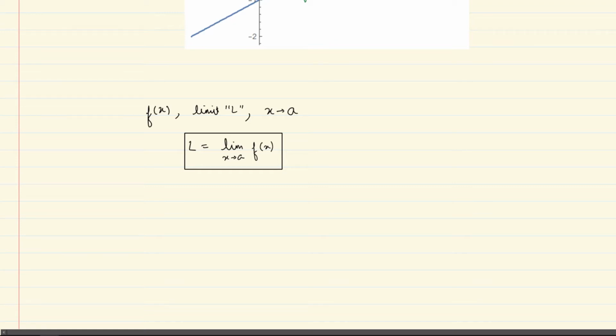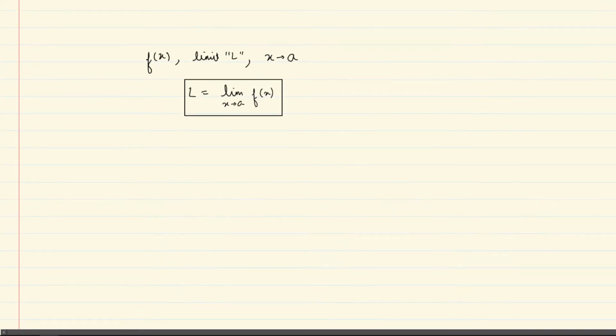Now that we know more or less what a limit is, let's get into a caveat of limits. A function does not always need to have a limit at a certain point.